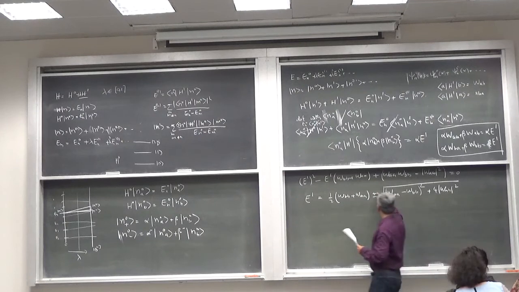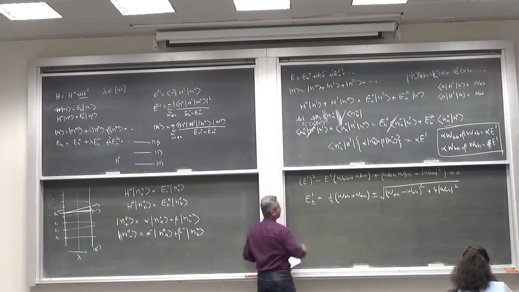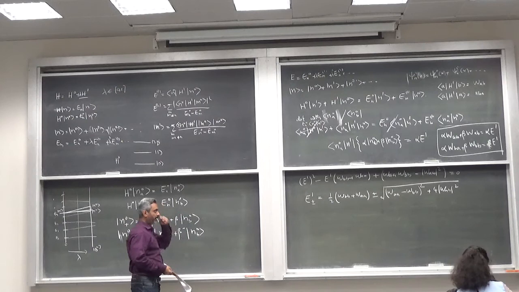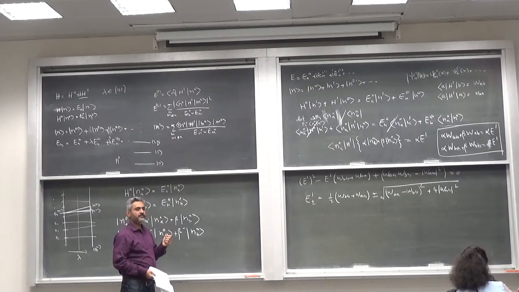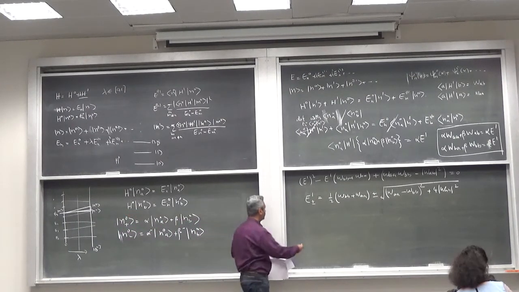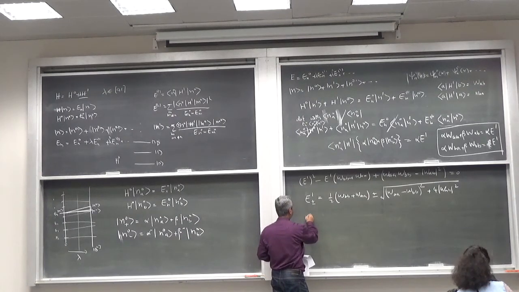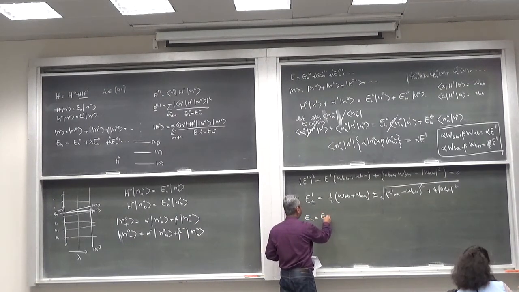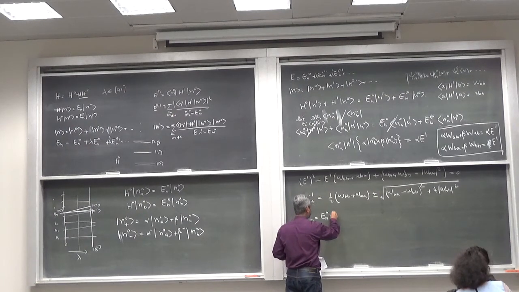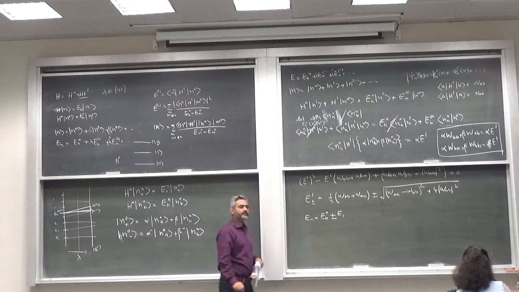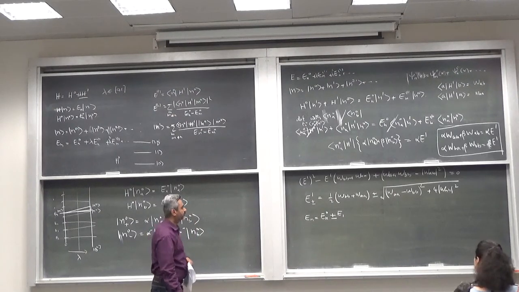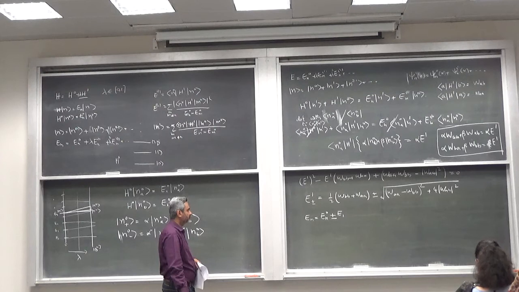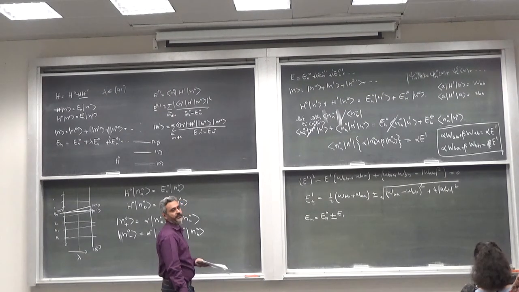And since this is plus minus, we have two roots. Right? And so, to first order, the energy En is just En naught plus E1 or minus E1. Now the degeneracy is lifted.